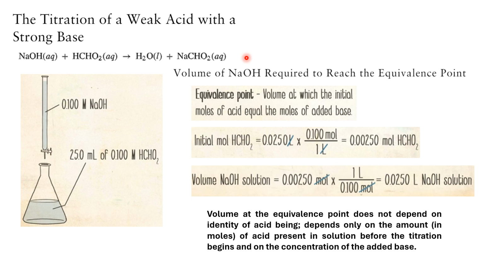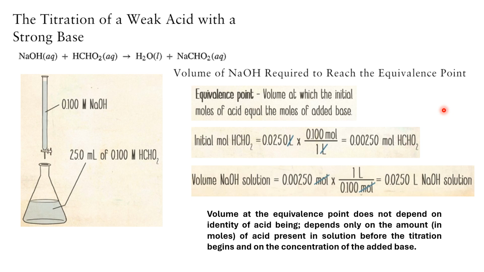But if you don't have a one-to-one ratio, then you need to multiply the moles of weak acid by the mole-to-mole ratio of your acid and your base. In this case, it's a one-to-one ratio.